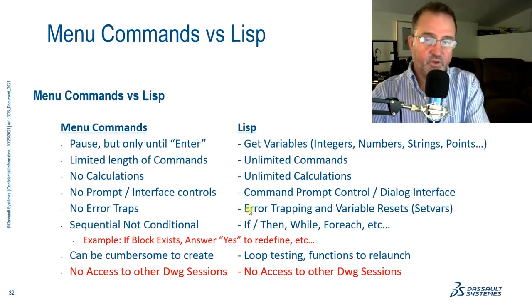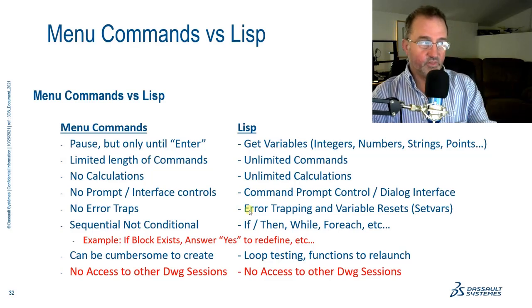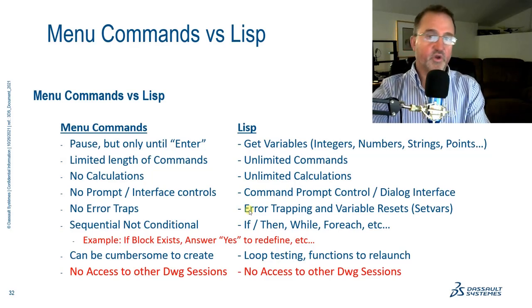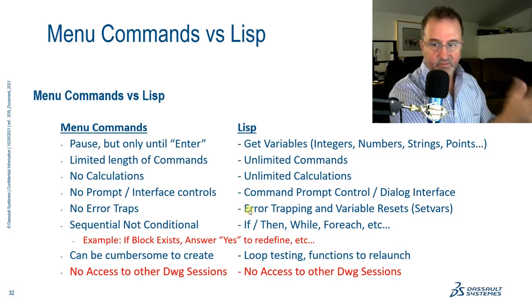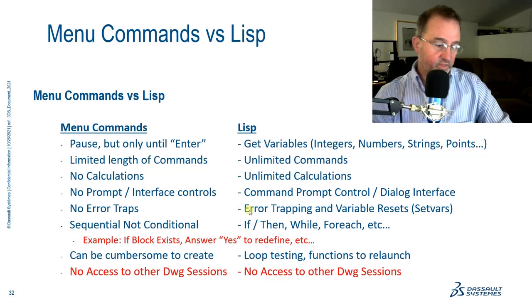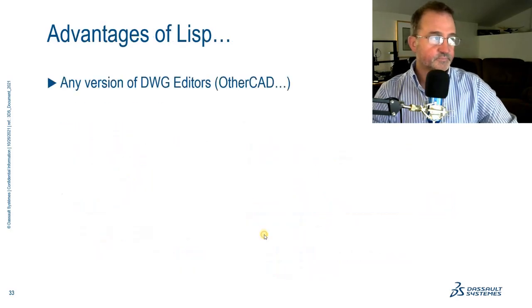And with a menu macro, it's pretty much the same thing. I can open a drawing with Lisp or a menu, but once I open that drawing, I really can't do anything inside of that drawing with that program or that command that I just opened the drawing with. Just something to keep in mind.